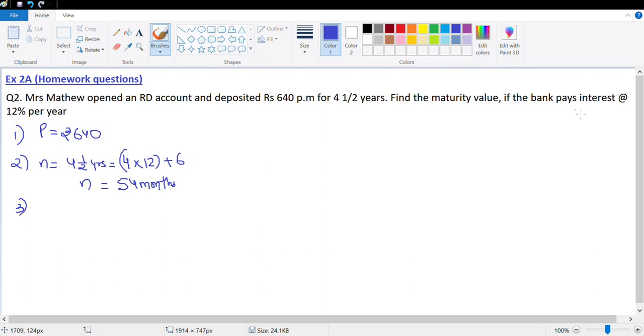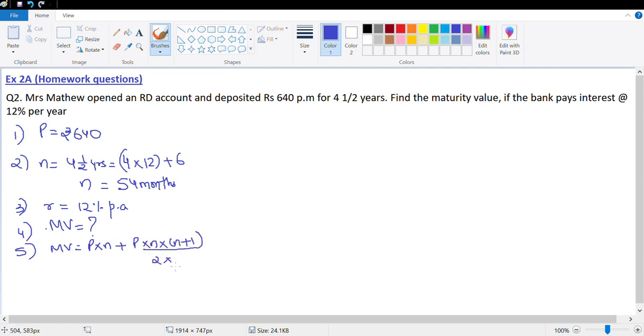Next, find the maturity value if the bank pays interest at the rate of 12% per annum. So R is 12% per annum, and what we need to calculate is the maturity value. So we know the formula. Maturity value is equal to P into N plus P into N into N plus 1 upon 2 into 12 multiplied by R upon 100.